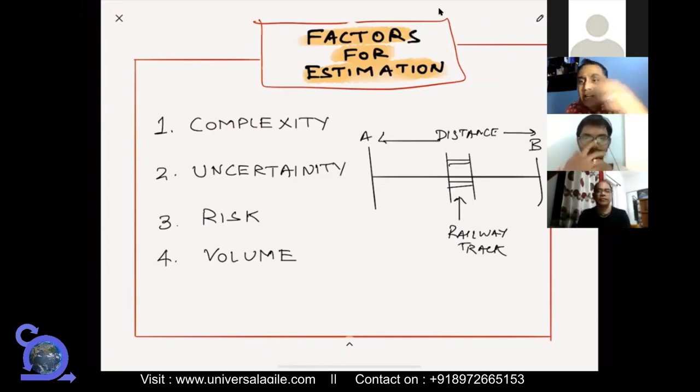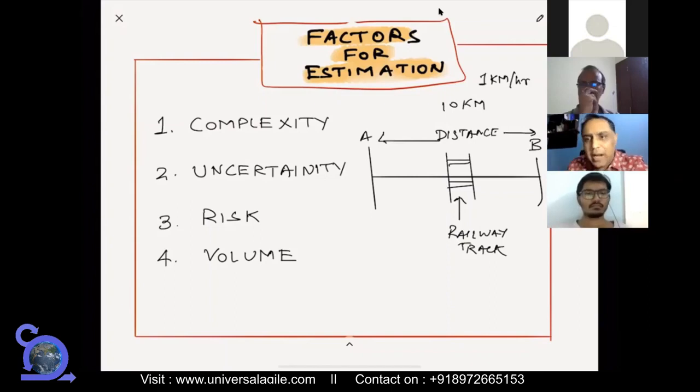Now, the second thing in your mind, the person who is estimating will have their average speed in mind, right? Now, if you just take these two things into consideration, it looks like simple math. If let's say this is 10 kilometer and you can walk 1 kilometer per hour, how long will it take? 10 hours, right?